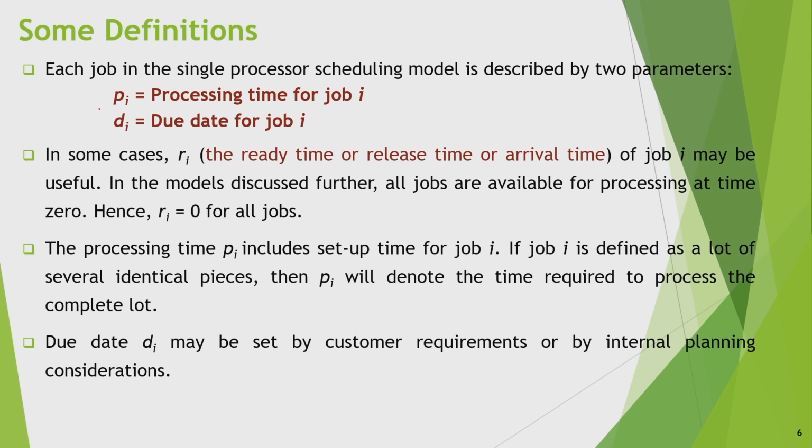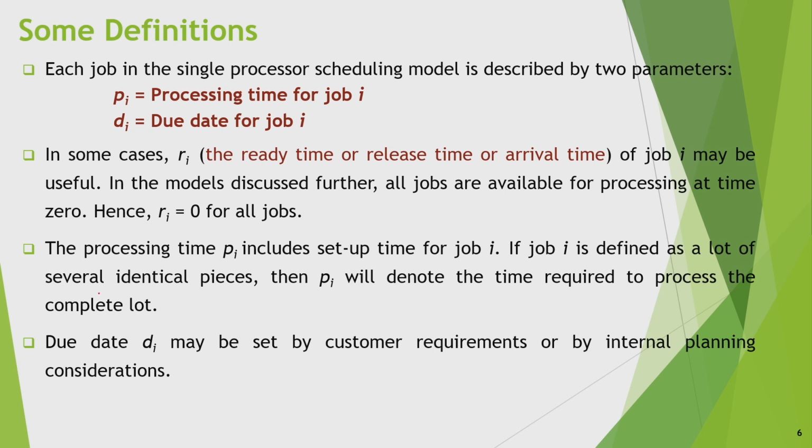In the models discussed further, all jobs are available for processing at time 0, hence Ri is equal to 0 for all jobs. That means all the jobs are ready.